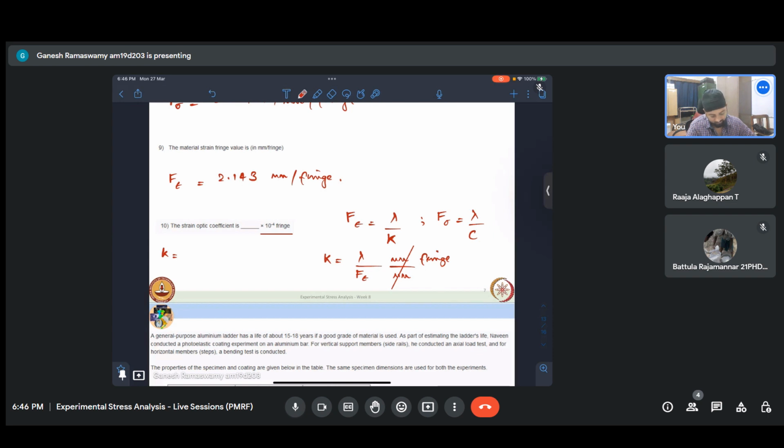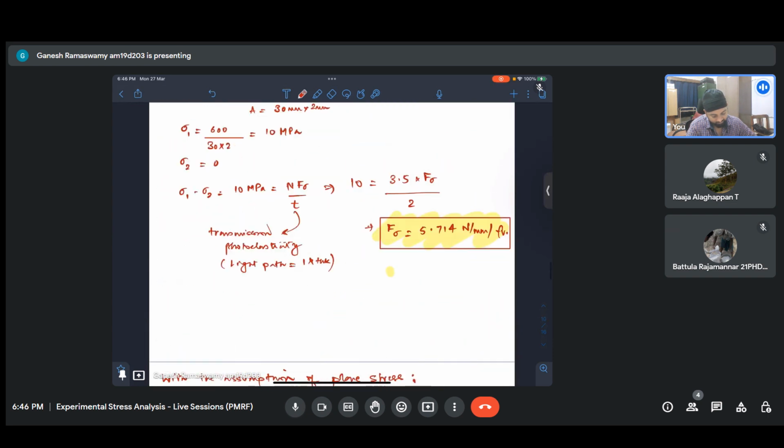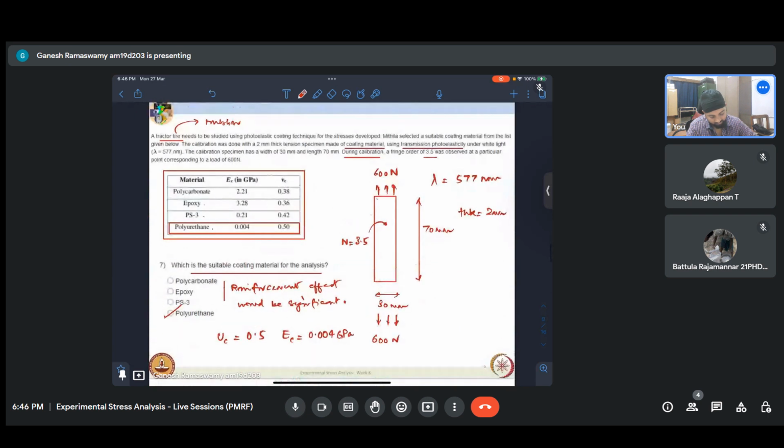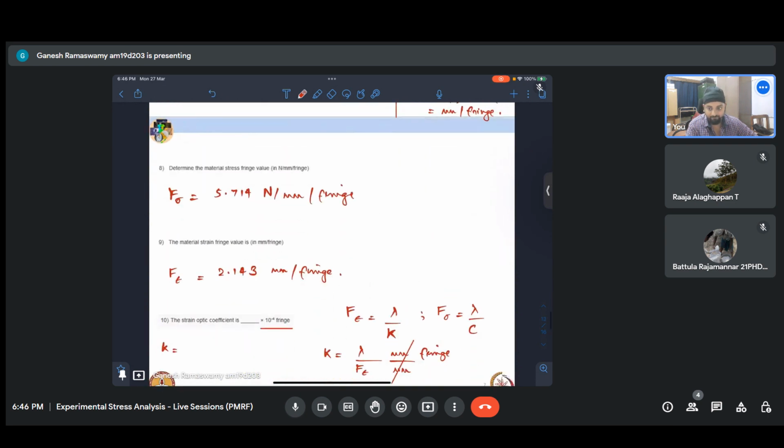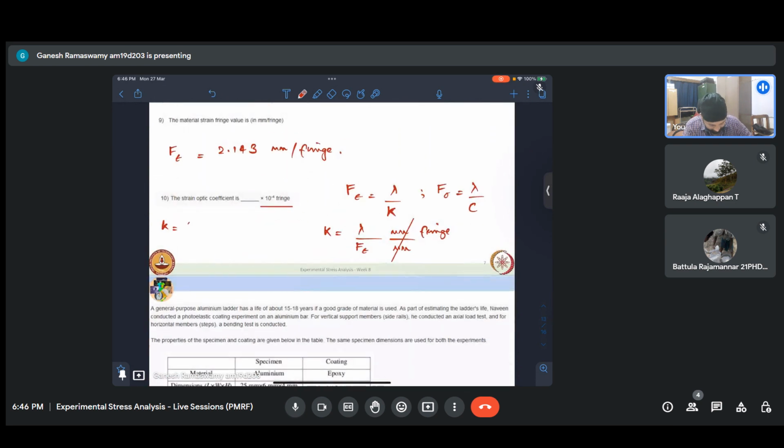Okay, so K we know is lambda by F epsilon. So lambda from the question is given as 577 nanometers. Let us substitute that: 577 into 10 power minus 9 meters into 10 power 3 millimeters, since our F epsilon is in millimeter per fringe, divided by 2.143 is what we have to evaluate.